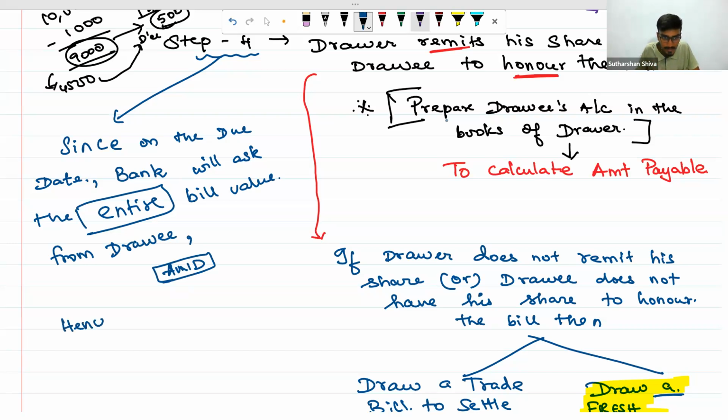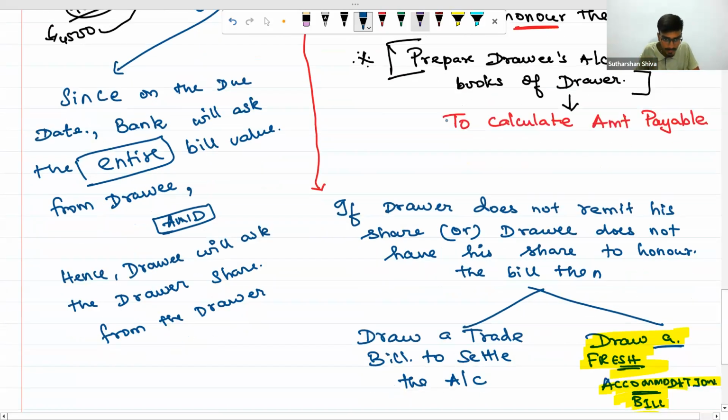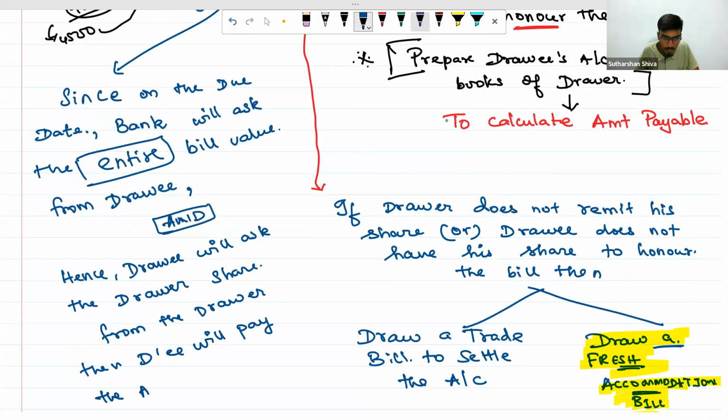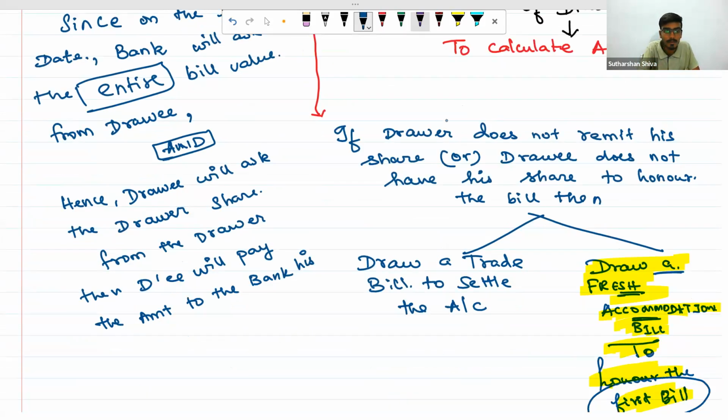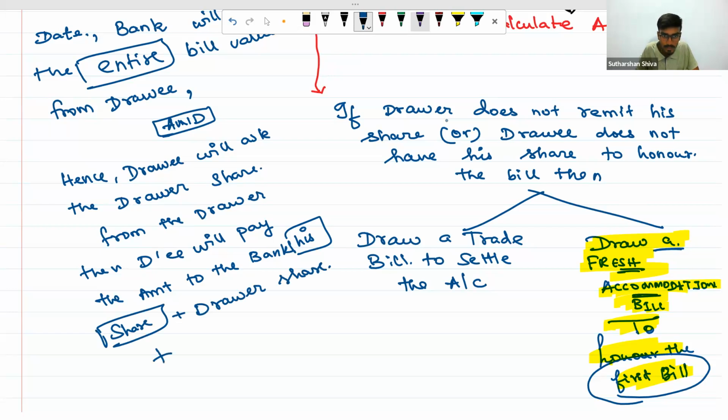Hence the drawee will ask the drawer for the drawer's share, that 4,500 plus 500, a total of 5,000. Then the drawee will pay the amount to the bank, his share plus the drawer's share, to honor the bill.